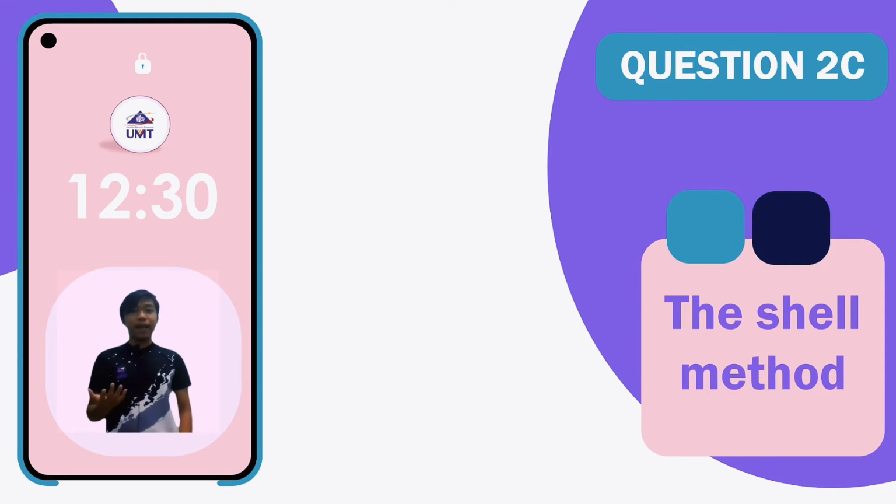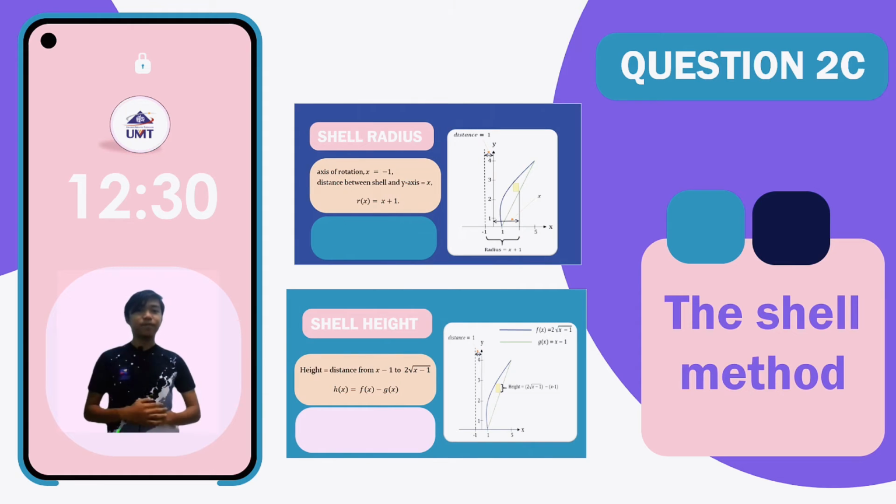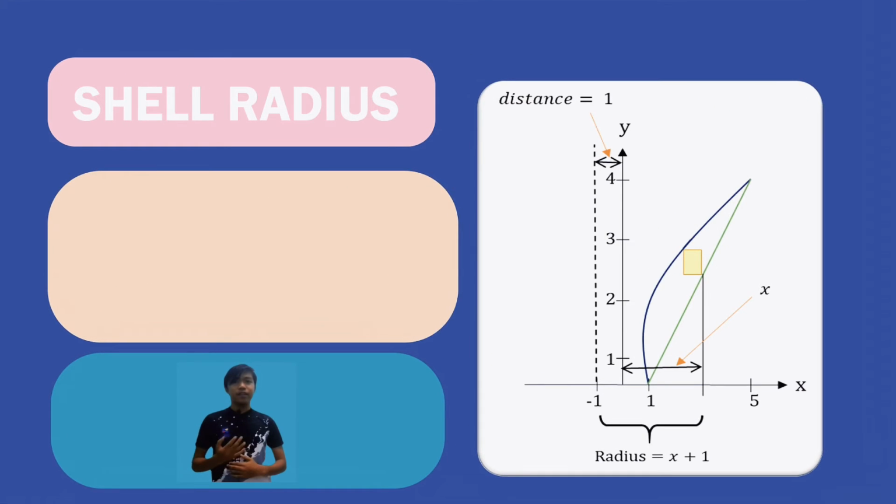To determine the volume of the solid ring using the shell method, the first things we must know are the shell radius and the shell height. The radius of each cylindrical shell is the horizontal distance from the current x value to the axis of rotation.